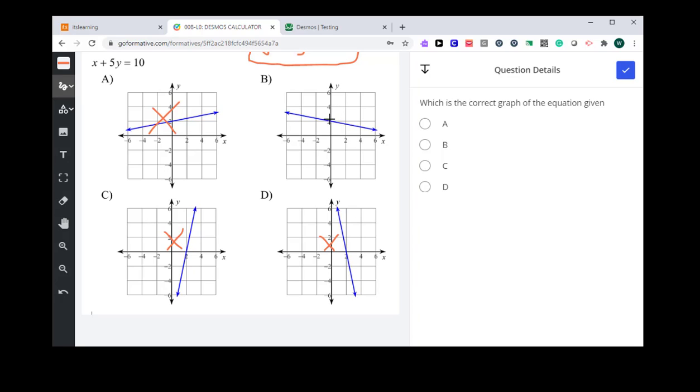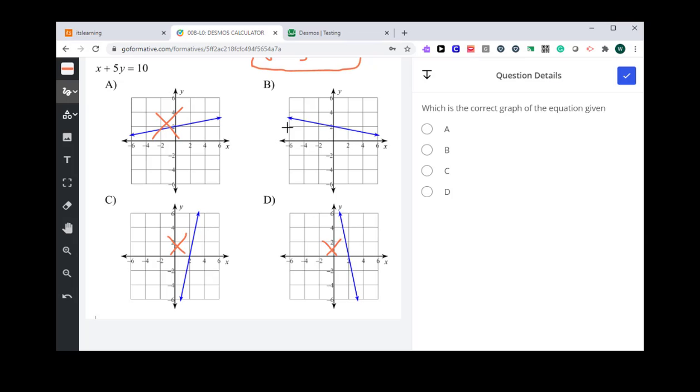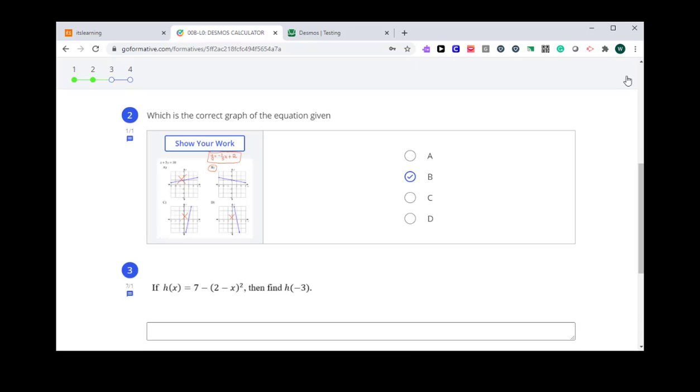This is the only one that has y-intercept at 2 with a negative slope, which matches this guy right here. So for sure, we know that the answer is going to be letter B. Click B, click there, and we got the green light.